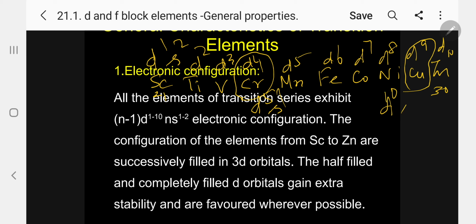Kindly follow. This is the only thing you have to memorize. First remember this order, then keep in mind the chromium and copper exceptions: chromium d5 s1, copper d10 s1. Kindly follow.